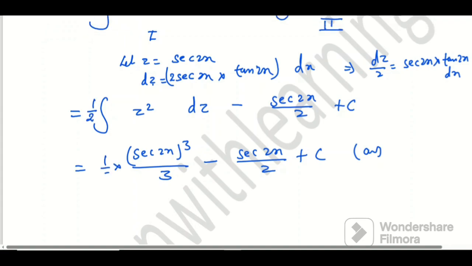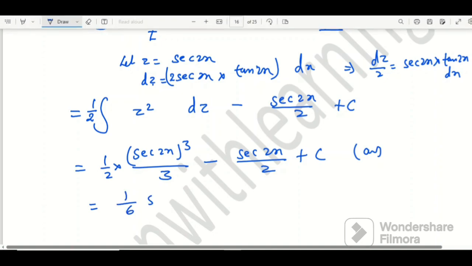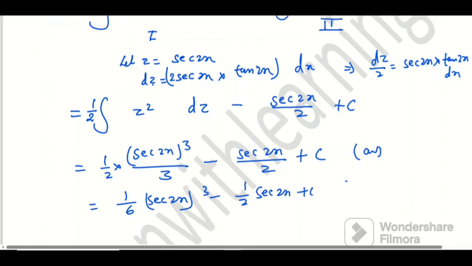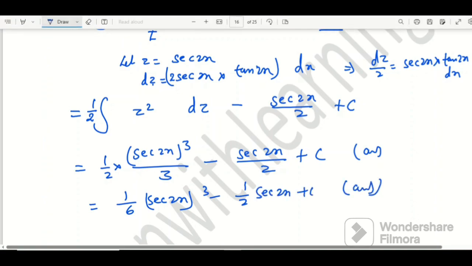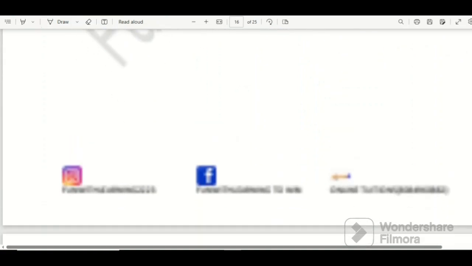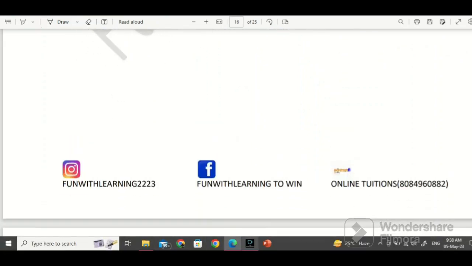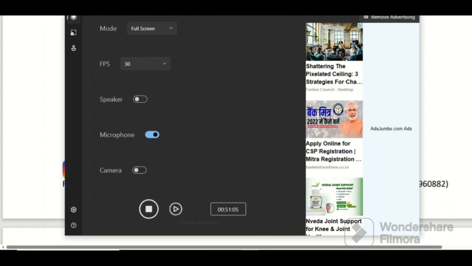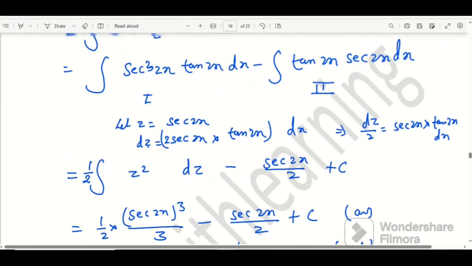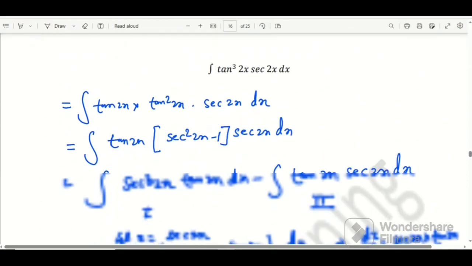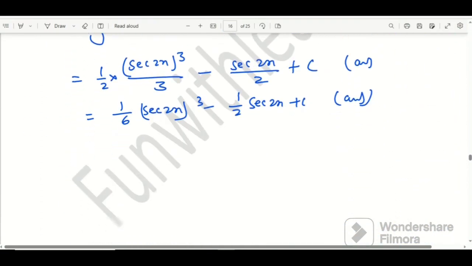So it will be 1 upon 6 sec 2x whole cube minus 1 by 2 sec 2x plus c answer. So we have solved this 15 number.